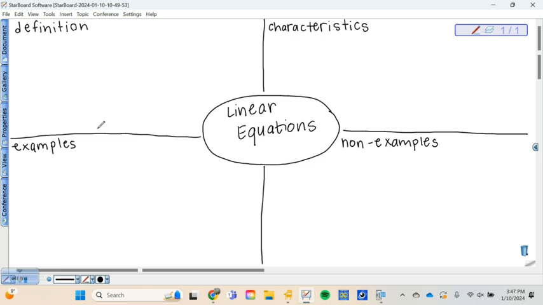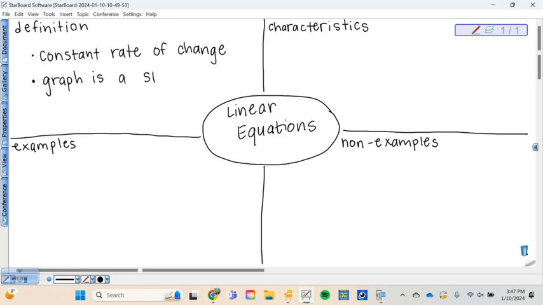Right, so defining what a linear equation is, it is a relationship that has a constant rate of change. Constant rate of change. And the graph looks like a straight line.